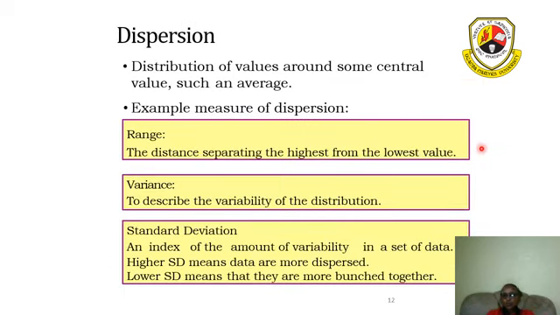So analysis with one variable could also look at dispersion. We want to see what's the highest value, what's the lowest value of something, the distance separating them. We can also look at variance, how many times something appears.